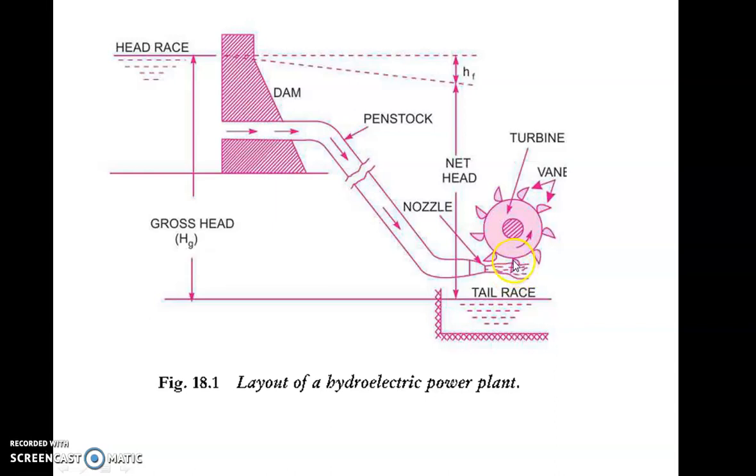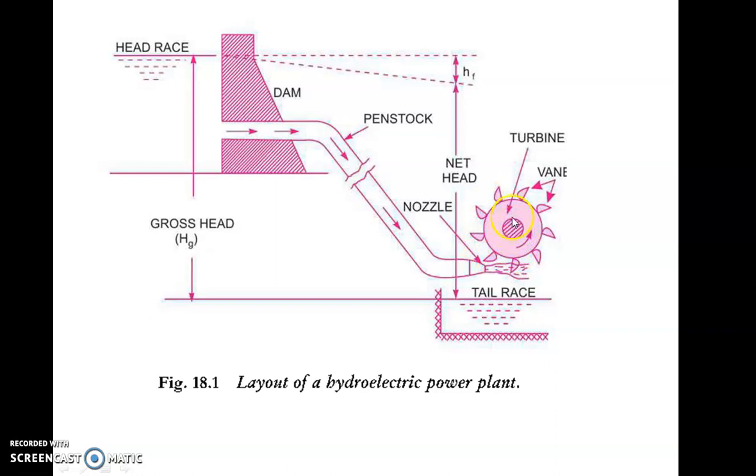So this is the bucket, or you can say vane, a curved vane, which is attached to a turbine wheel, and there are so many buckets mounted on the turbine wheel, and the water coming out of the nozzle is hitting the bucket, and the turbine rotates. And this is a shaft. This is a common shaft for a turbine and generator.